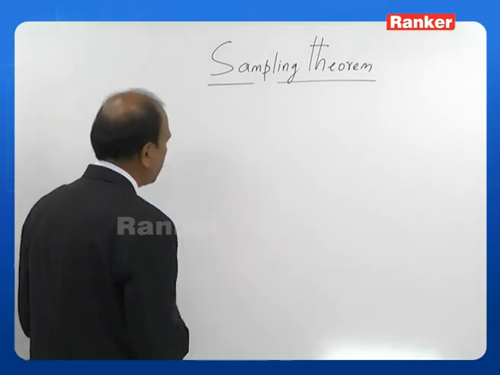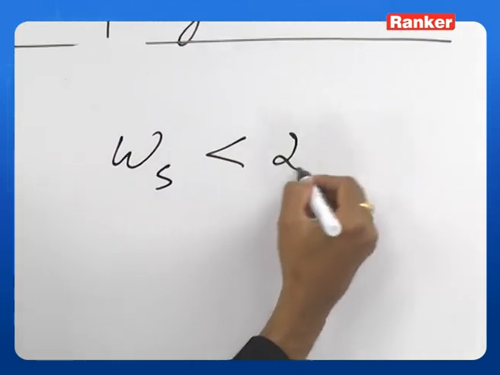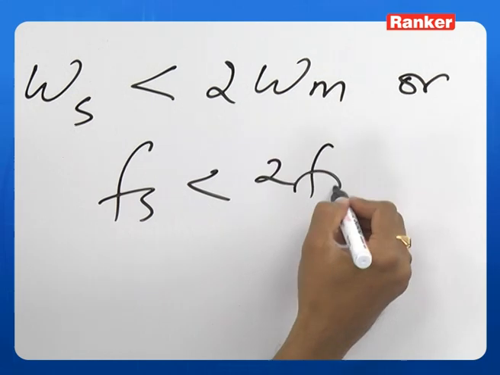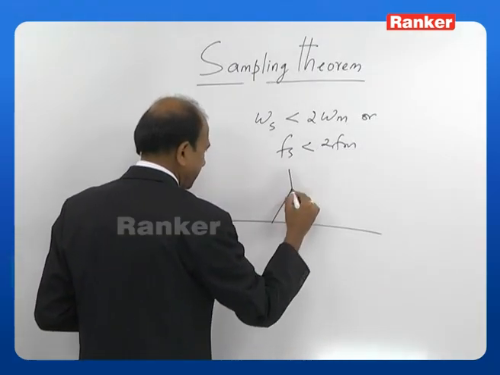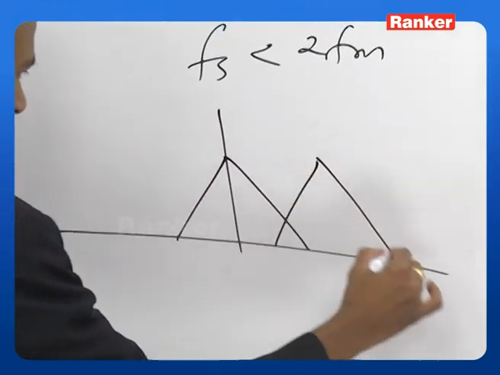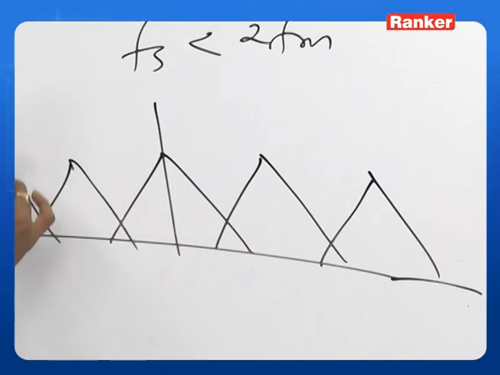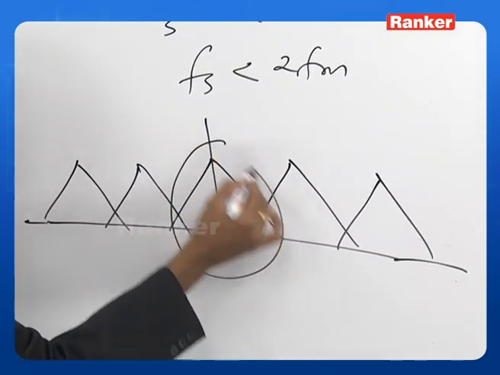What is my condition here? Omega s is less than 2 omega m, or fs is less than 2 fm. When this happens, let us say I have a signal like this. You see here, I want to retrieve this, let us say.